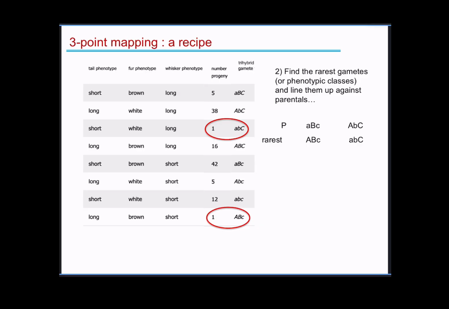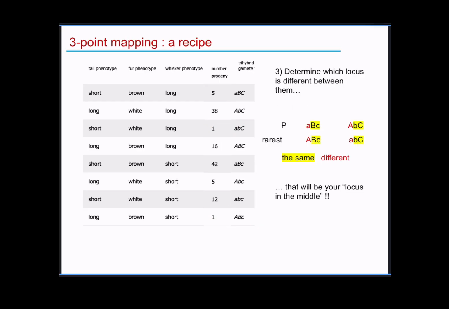So now you wrote your parentals, you wrote your rarest. What we need to find out now is which of these loci is different between them. So how do we do that? We basically look at which combination of loci are the same in parental gametes and the rarest of gametes.